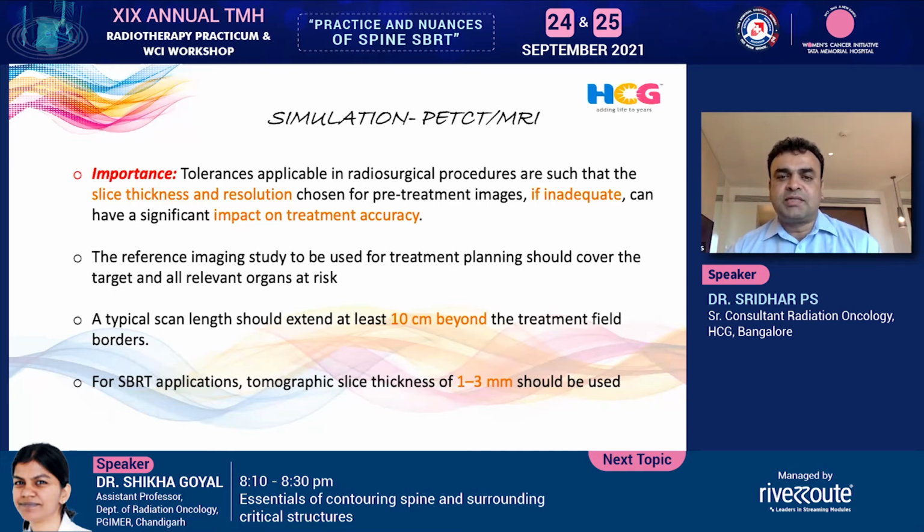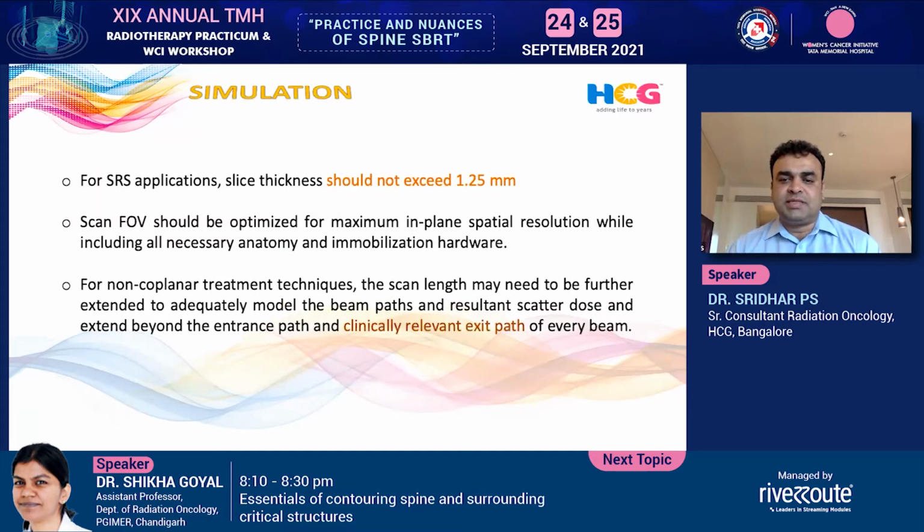If multiple targets are used, you have to keep those things in mind. Especially when you are talking about LINAC based, arc based treatment, you need to make sure that you take adequate margins in terms of coverage, because entry and exit dose also should be considered in the plan, especially in non-coplanar. So the FOV should be good enough to do calculations with everything included.